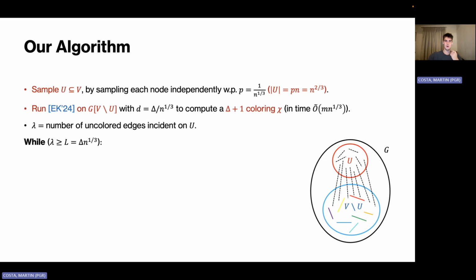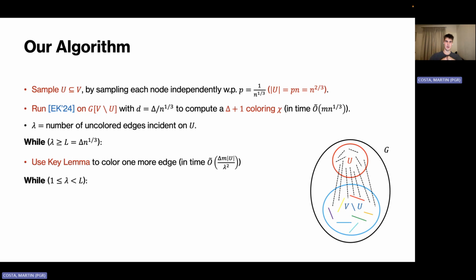So while the number of uncolored edges is sufficiently large, greater than or equal to this value L which we define, we repeatedly apply the key lemma over and over to keep extending the coloring by one more edge.